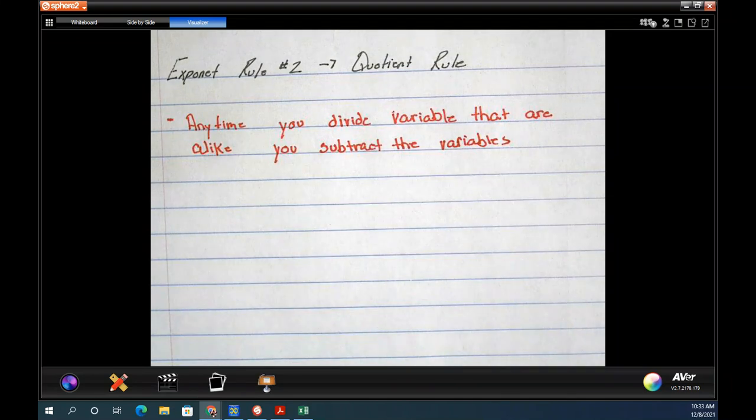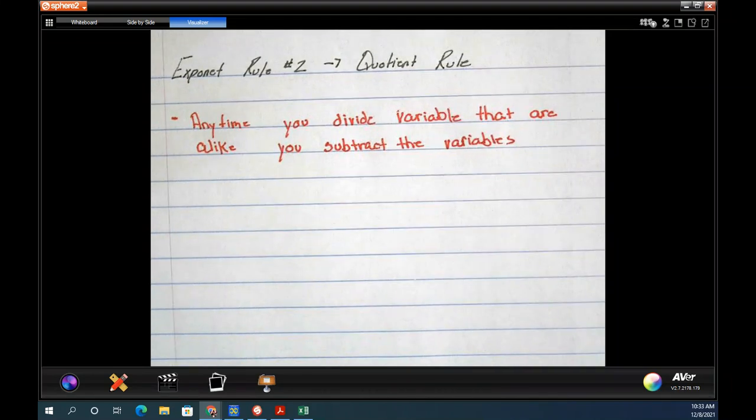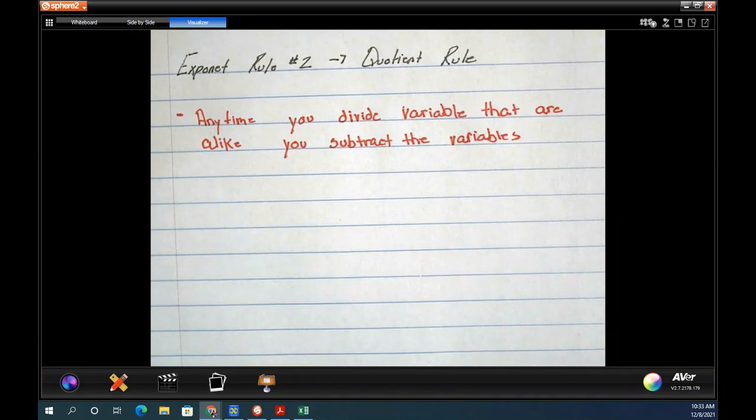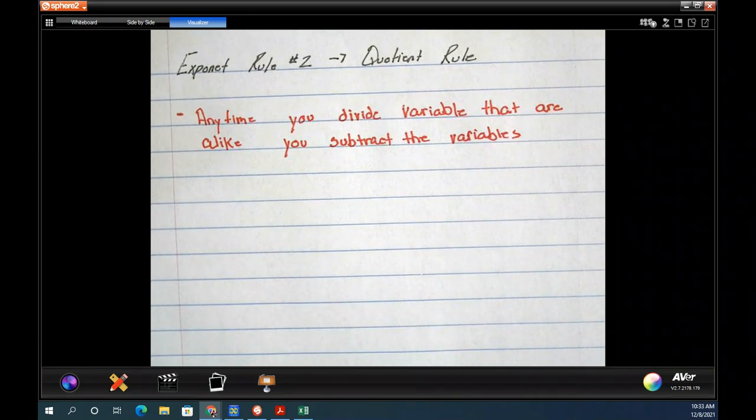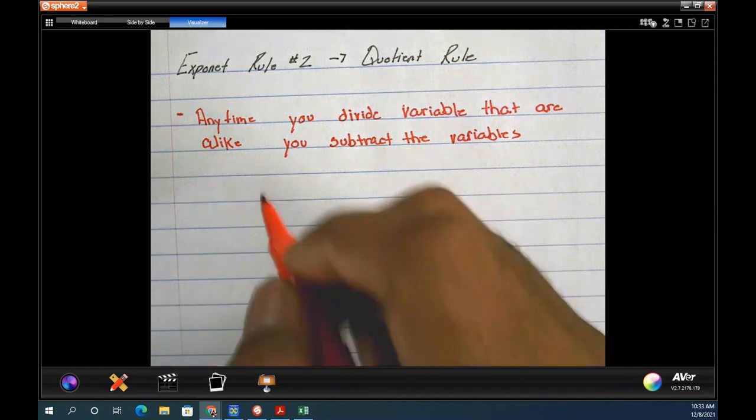Okay? Now, when we multiply, the product rule says we add them. It's the opposite of the quotient rule. We subtract the variables. Now, we're going to start very simple.